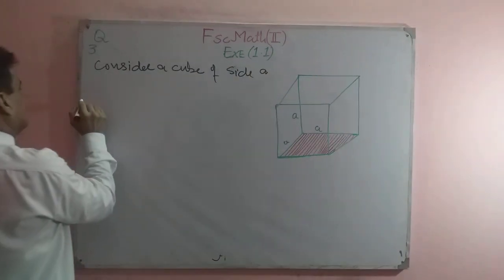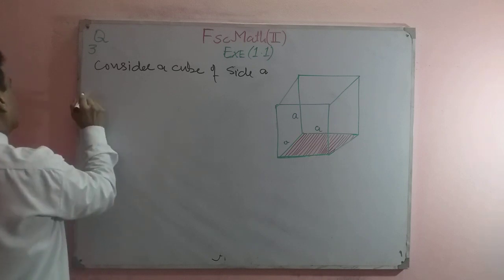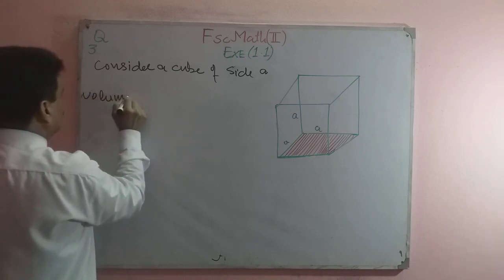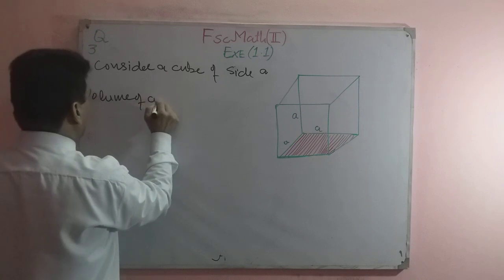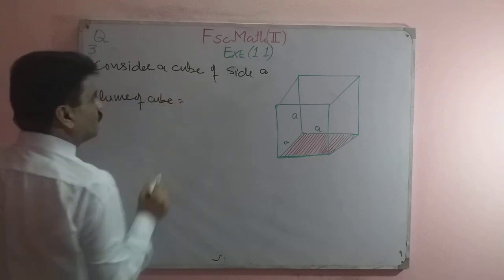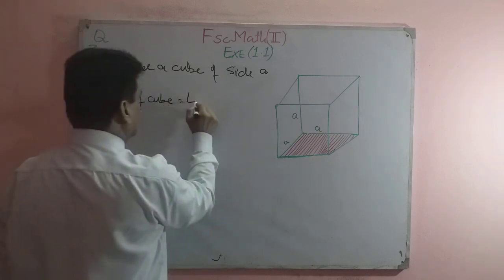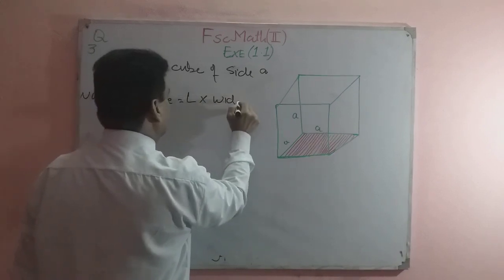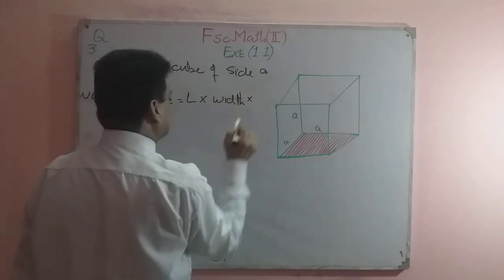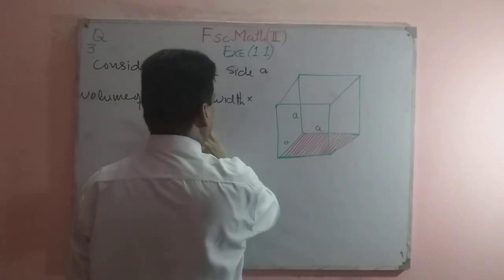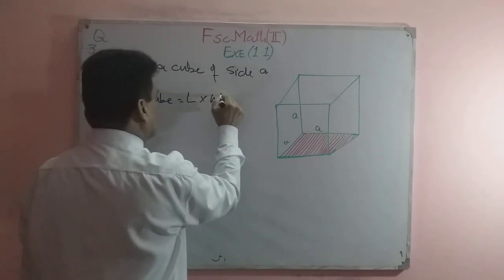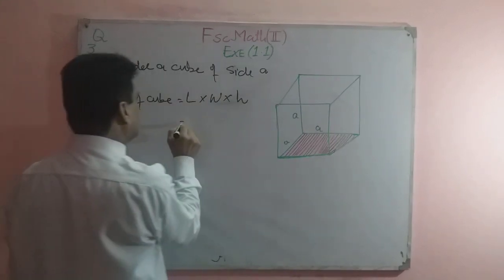We write volume of cube. How can you find the volume of a cube? Volume of cube will be equal to length multiplied by width multiplied by height.